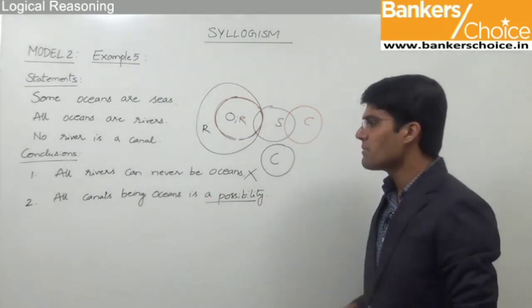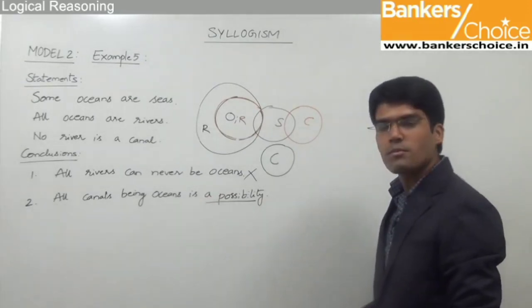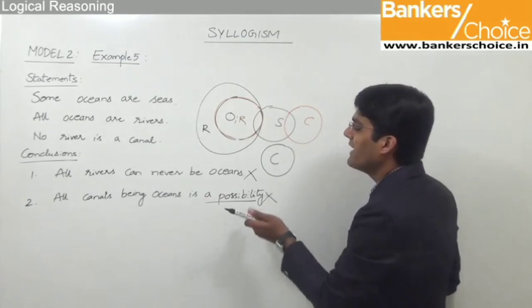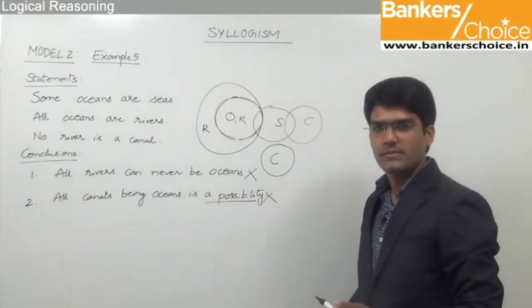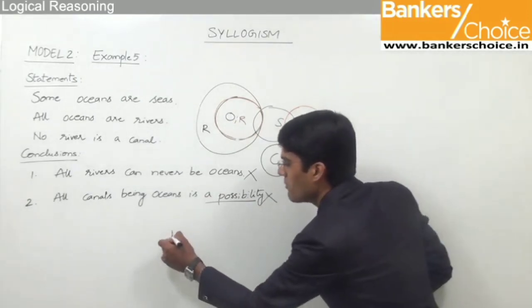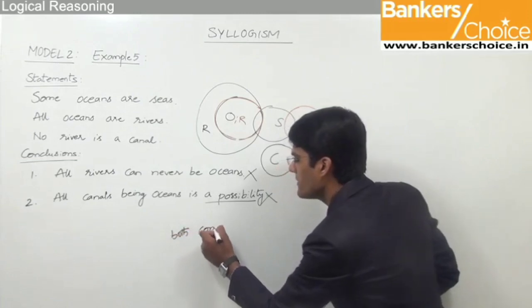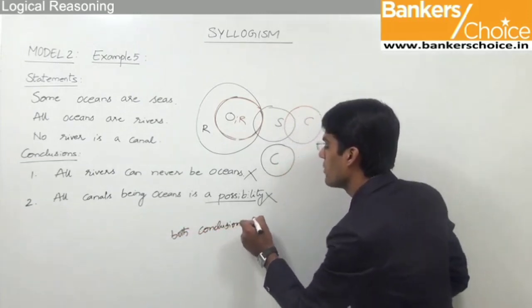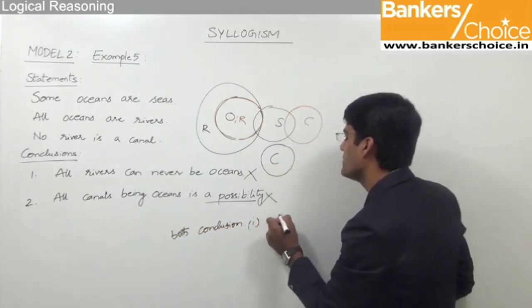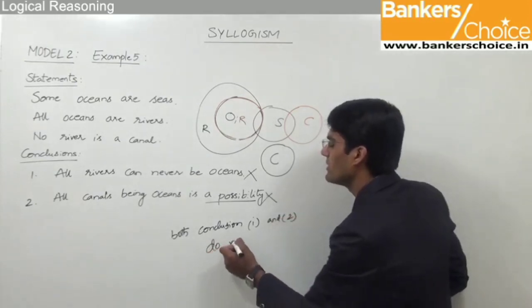So even conclusion number 2, which says all canals being ocean is a possibility, is false. Why? Because it is not possible in any of the cases. So our answer for this question should be both conclusion 1 and 2 do not follow. Both conclusion 1 and 2 do not follow the given statements.